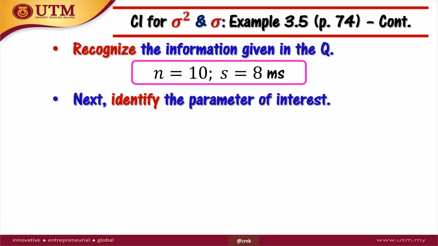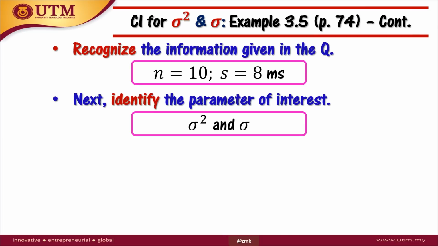Next, identify the parameter of interest that we want to estimate. In this case, we are interested in constructing the confidence interval for the population variance sigma squared and the population standard deviation sigma, which are both unknown.